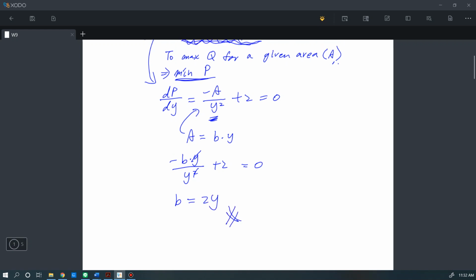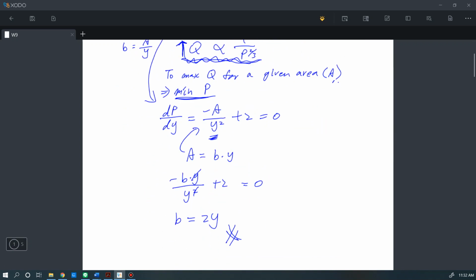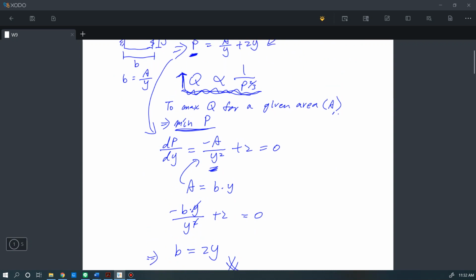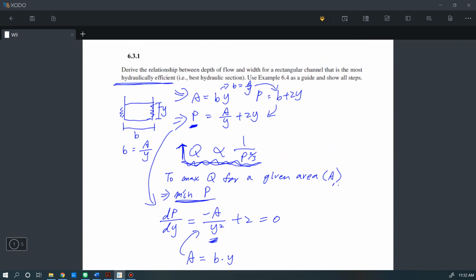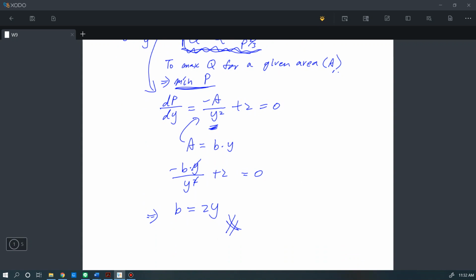So if the channel satisfies this relationship I show here, then it's the most efficient channel that we can get given the rectangular channel with the area equal to A. So this is our final solution for this problem.